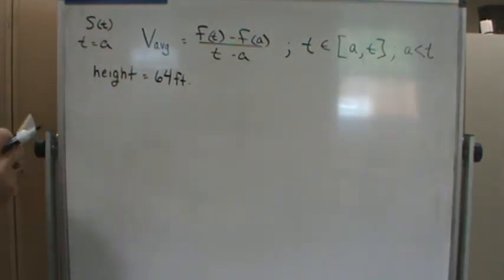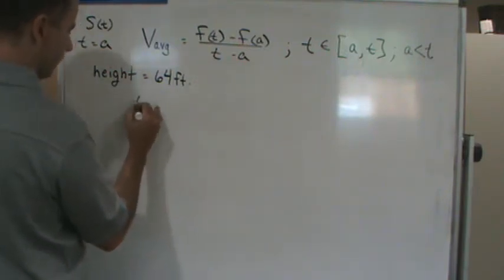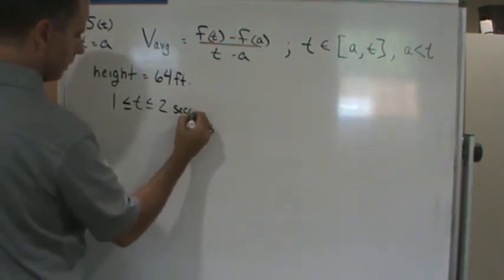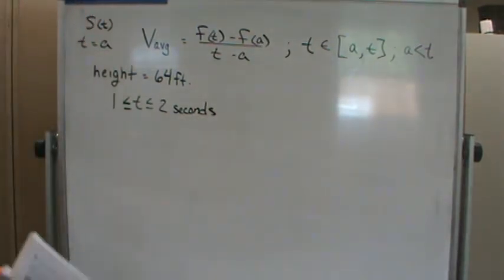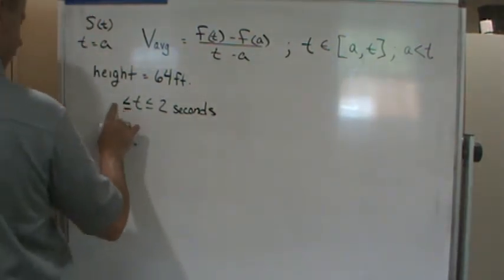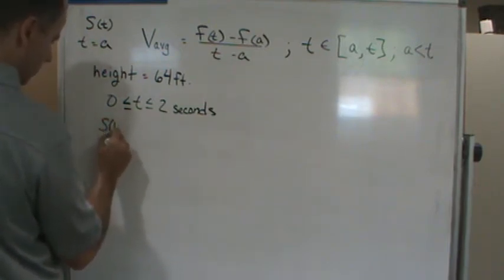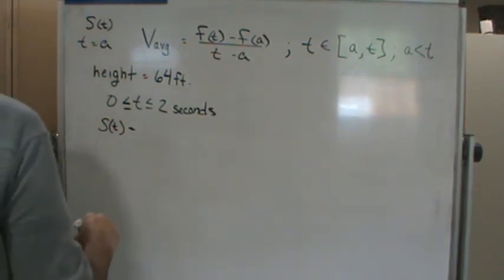It is determined that its height in feet above ground t seconds later, for t from 0 to 2, not 1 to 2, from 0 to 2, is given by this position function. So here's the position function.